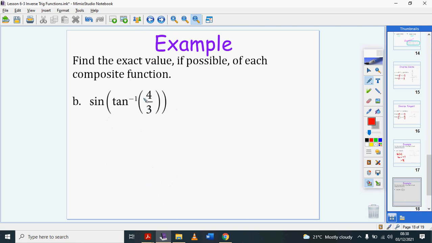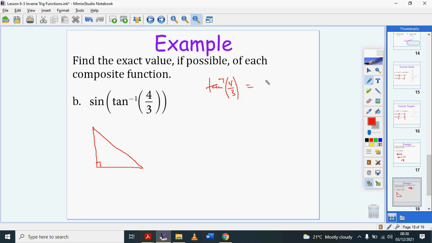Sine of the tan inverse of 4/3. Okay, so you're asking yourself, what is the sine of the tan inverse of 4/3? You can do this without a calculator or with a calculator, your choice. But I'm going to cover it without a calculator because that's the one that's more problematic if you're restricted to not use a calculator. So I'm going to start with tan inverse because it's what's in the bracket.